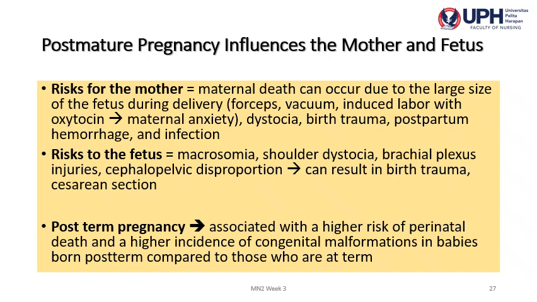And the risk for the fetus is that the baby is big, macrosomia with shoulder dystocia, and it can also cause brachial plexus injuries as well as cephalopelvic disproportion, which then results in birth trauma and then leads to C-section. With the postmature pregnancy, we have a higher risk of perinatal death as well as incidence of congenital malformations in babies compared to those babies who are born at term.